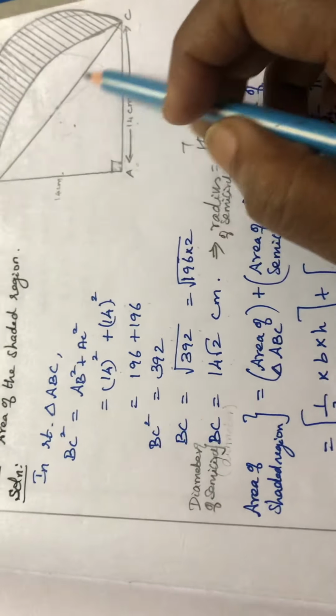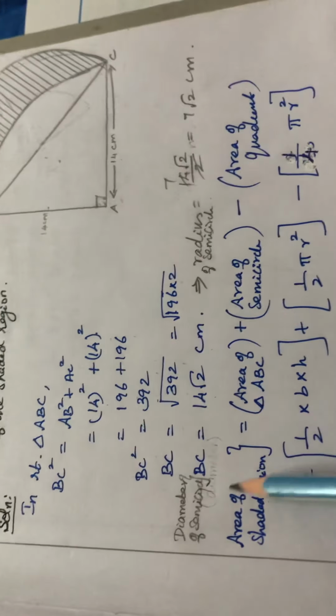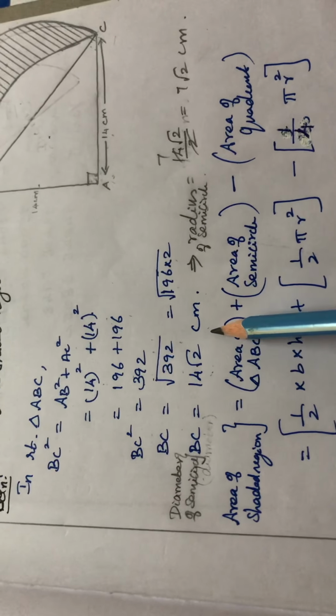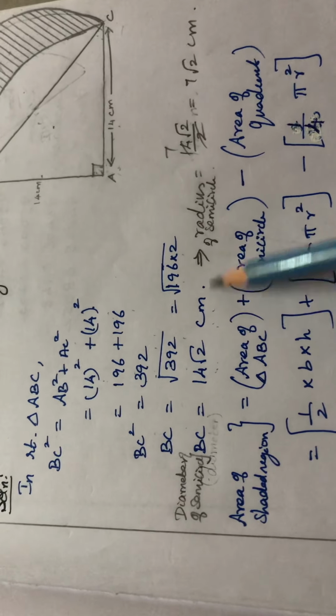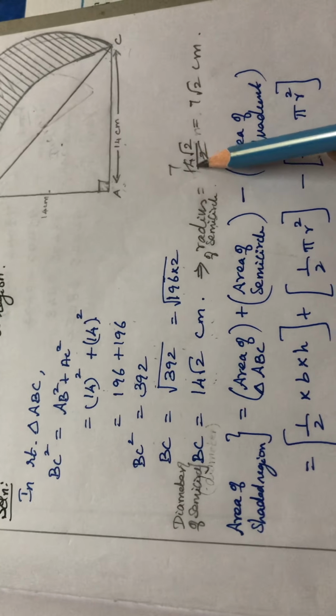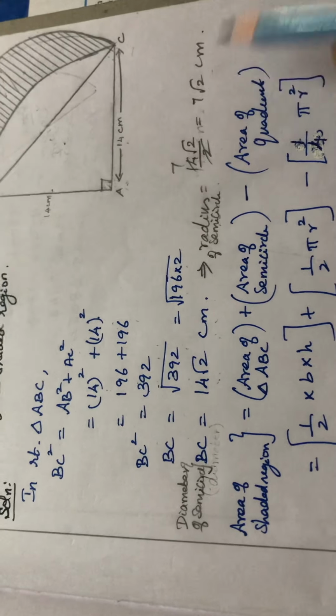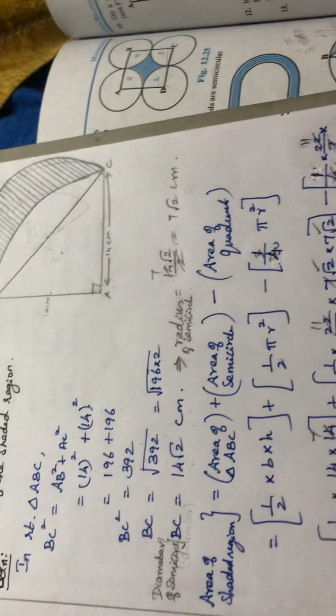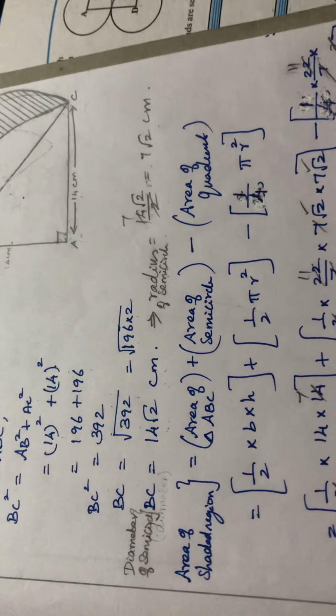This BC is the diameter of the semicircle. BC is 14 root 2, so what about the radius? Radius is 14 root 2 by 2. So 2 and 14 I am cancelling. 7 root 2 is the radius of the semicircle. So the radius of the quadrant is 14 and the radius of the semicircle is 7 root 2.